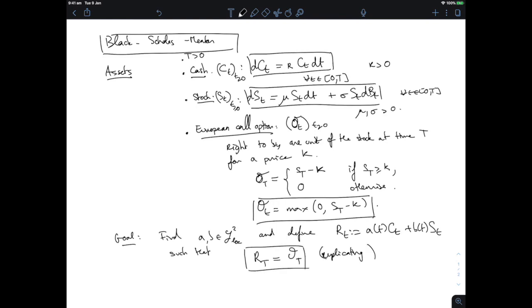And the second thing we're asking from our R_t is that it's self-financing, a condition which is there to model the fact that no cash or no value should be added or subtracted from R_t. The value should only change because the value of cash or the value of the stock is changing. So this is modeled by this equation: dR_t equals A_t dC_t plus B_t dS_t.